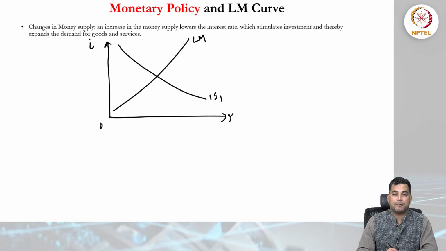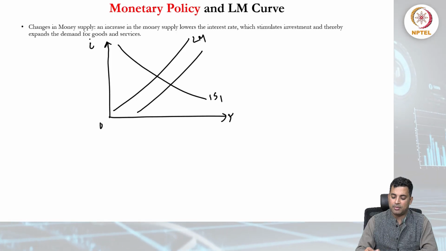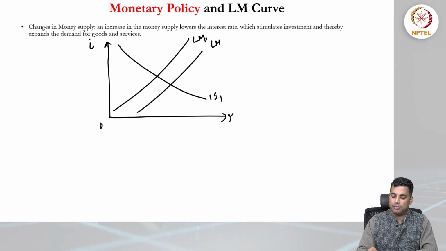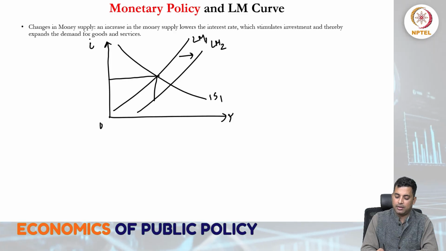So with the expansionary monetary policy, money supply will be more, and therefore LM curve will be shifting rightward, LM1 to LM2, and we can see here.